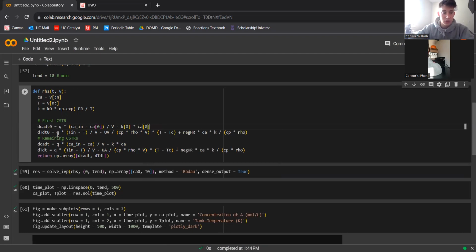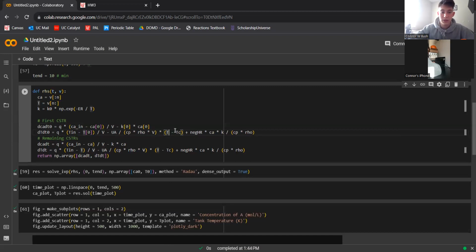Similarly, this Q is untouched, this flow rate is untouched, this temperature in we're given, and then this difference here is represented by the difference between what is coming in and that very first value within that array of temperatures. This volume here, again, untouched. Same with this heat transfer coefficient multiplied by the area. Heat capacity is constant, density is constant, V we've dealt with.